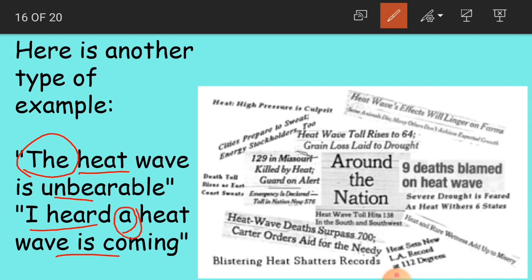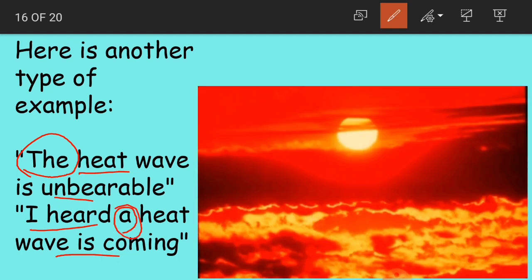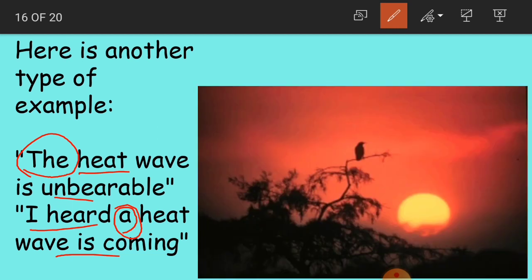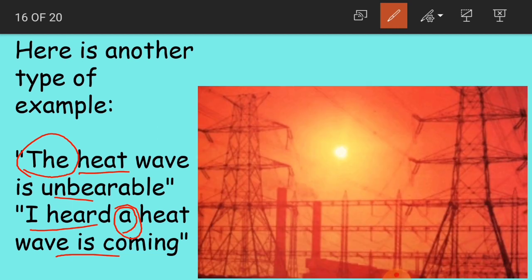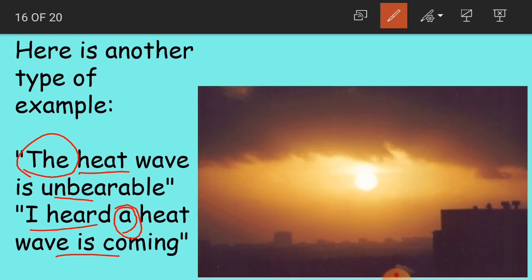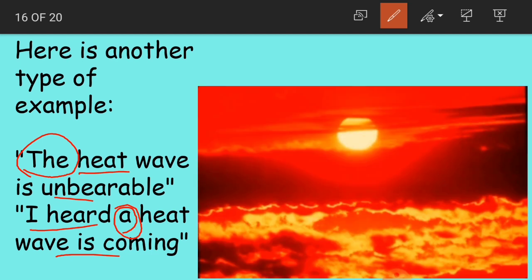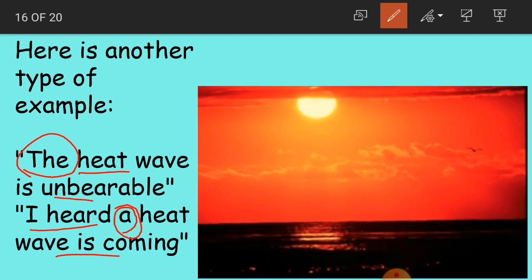So you heard that there is going to be a heat wave or a heat air, which is going to come. That is why you are not mentioning it as the. It is a. Still there is no definite sense there.